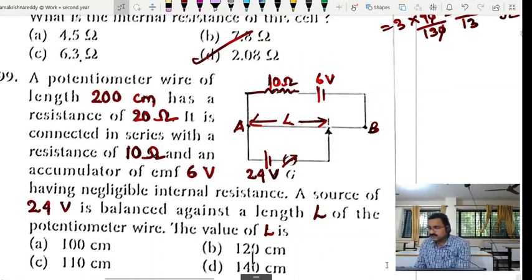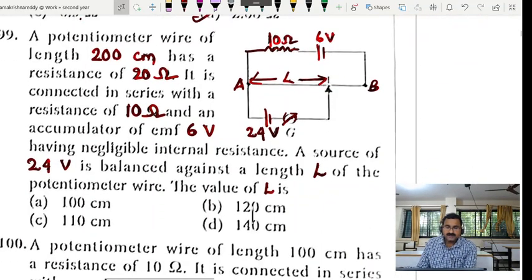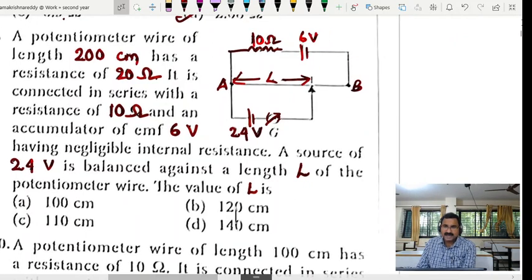Question number 99: a potentiometer wire having a length they gave. First, the symbol they took is capital L, but previously capital L was the length of the potentiometer wire.